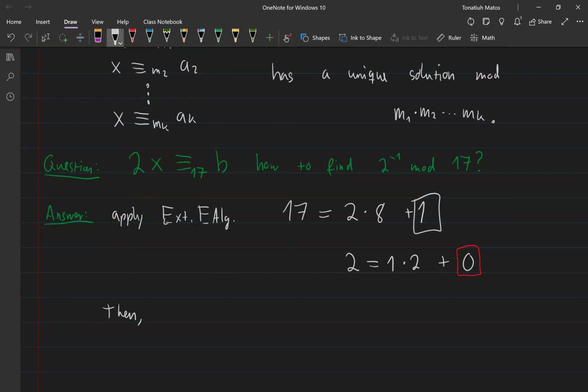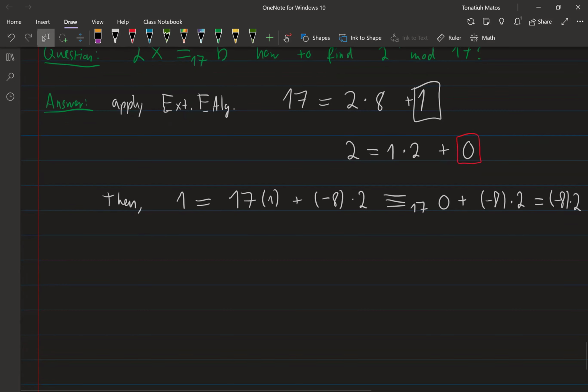Then if you write 1 as a linear combination, 17 times 1 plus minus 8 times 2, what I do is reduce this mod 17 so that I cancel out this one. This is just 0 plus minus 8 times 2. And you can see what the inverse is, right? This is minus 8 times 2.